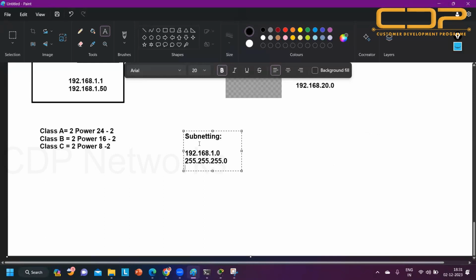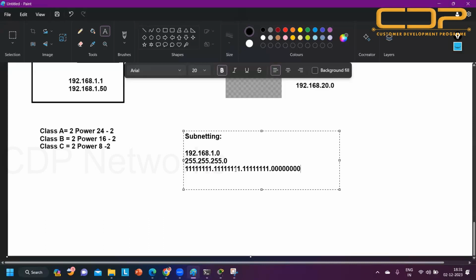If I convert this subnet mask into binary, it is eight 1s, eight 1s, eight 1s, and eight 0s.